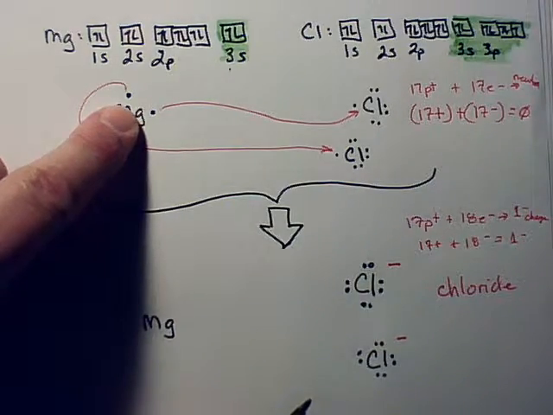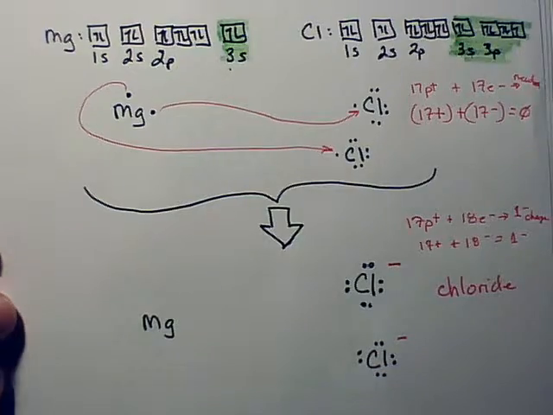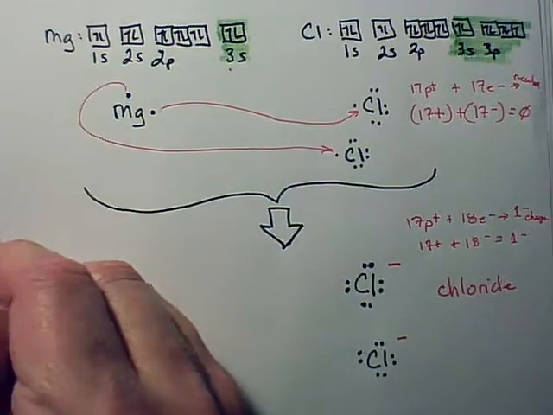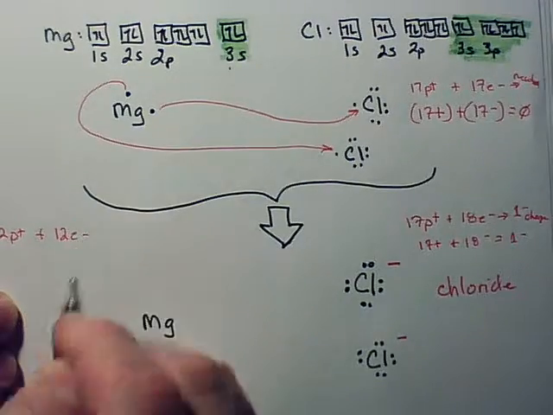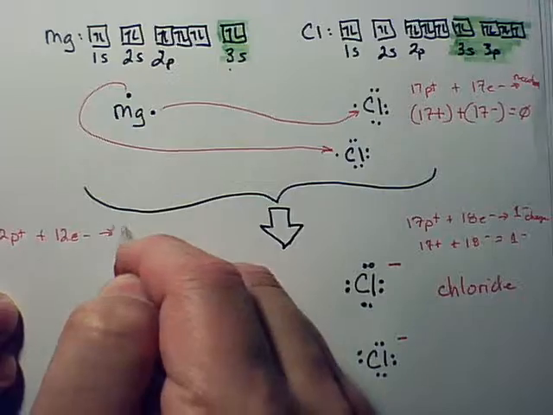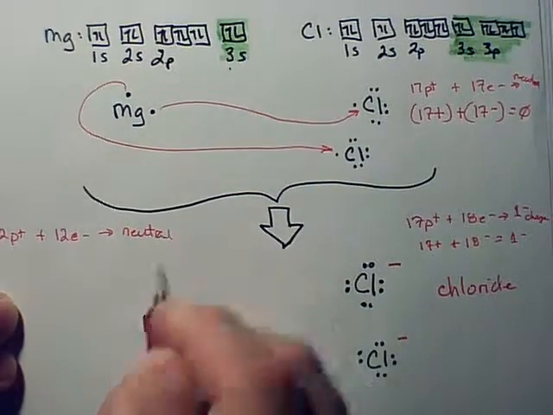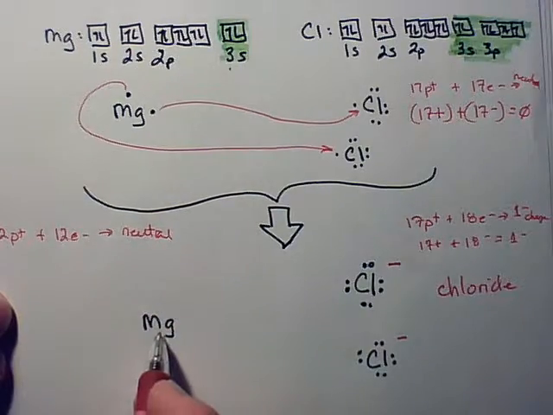2 negative. Okay, magnesium started out with 12 protons and 12 electrons. And so when we put those together, we have something that's neutral. Okay? But we took away 2 protons. So how many protons does this have now?